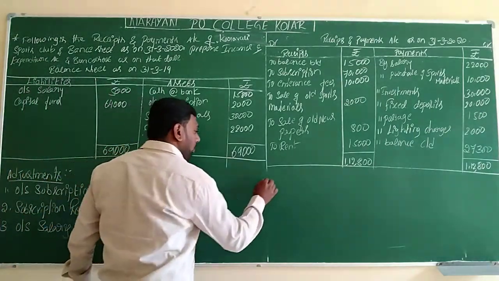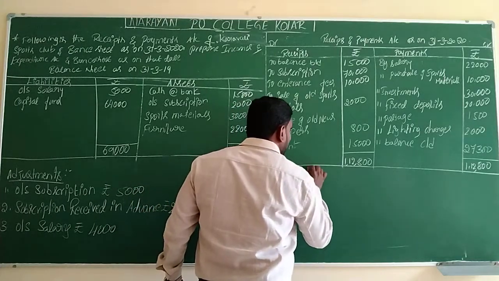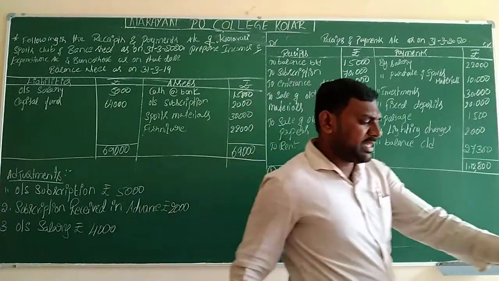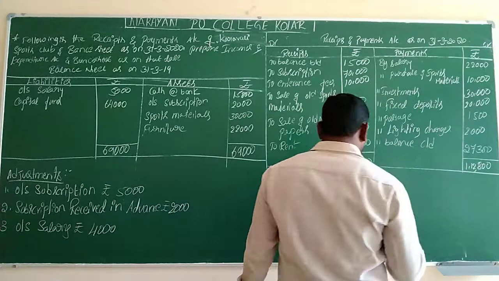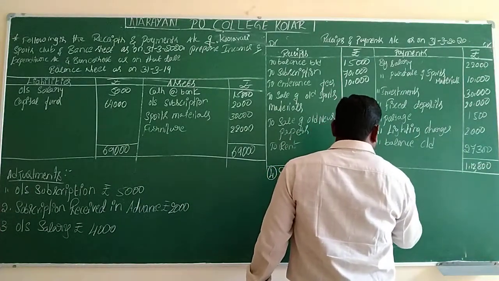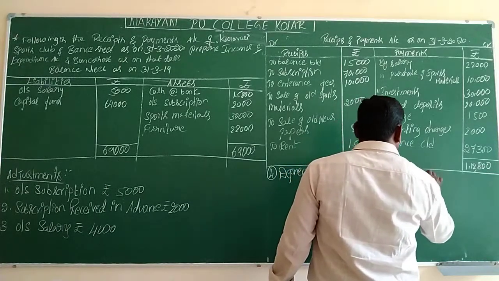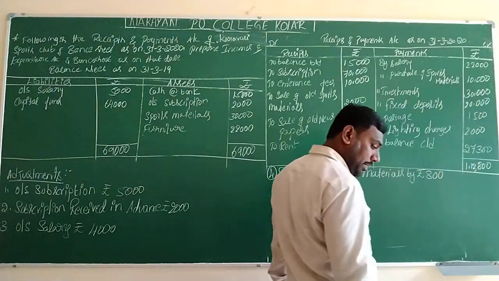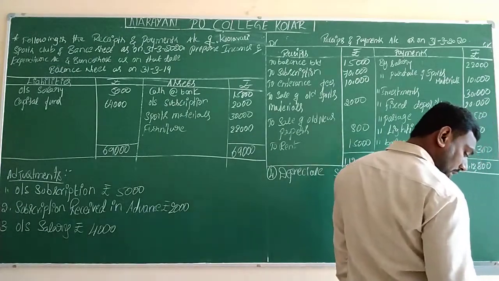Adjustment number 4, depreciate sports materials by 8,000, not 800, 8,000.